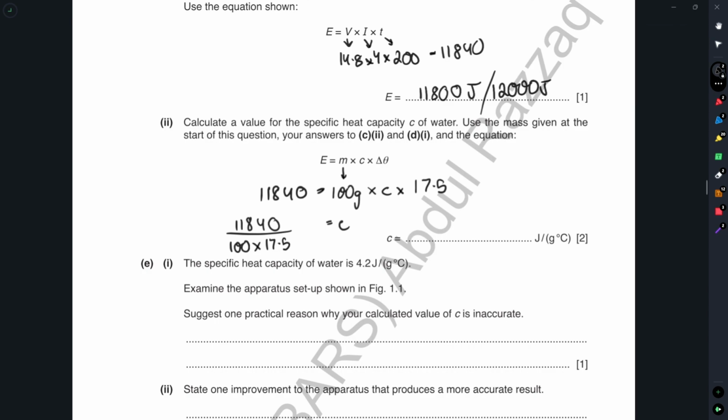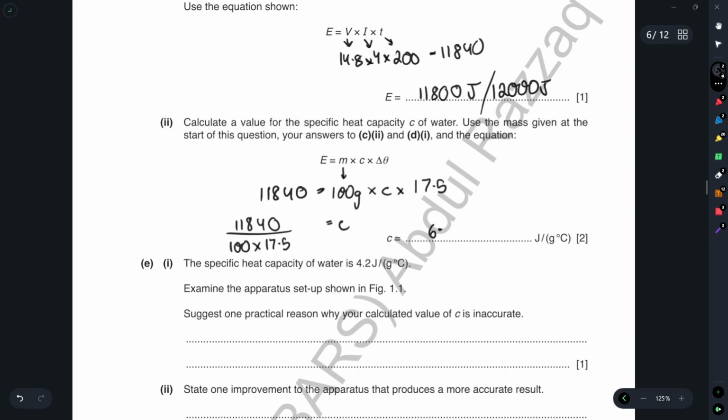Of course, I'm going to have to use a calculator for that. So 11,840 divided by 17.5 gives me 6.76.